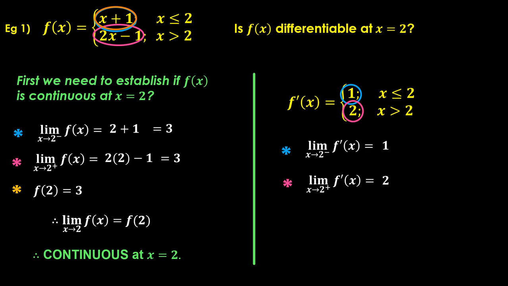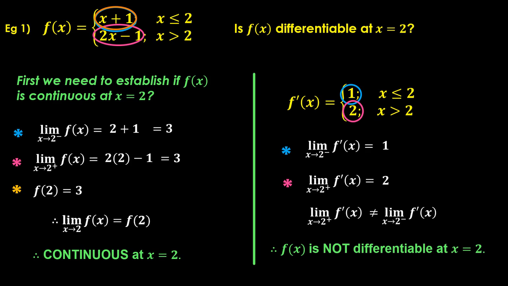Now those two values are not the same, so the limit as x approaches 2 from the negative side of the derivative is not the same as the limit as x approaches 2 from the right-hand side. In other words, the limit of the derivative does not exist, so it is not differentiable at x is equal to 2.